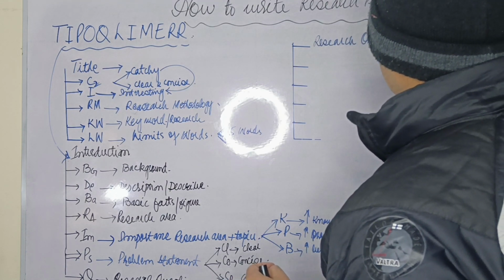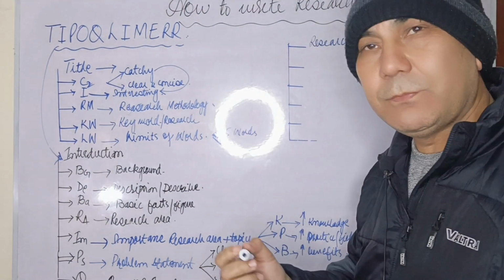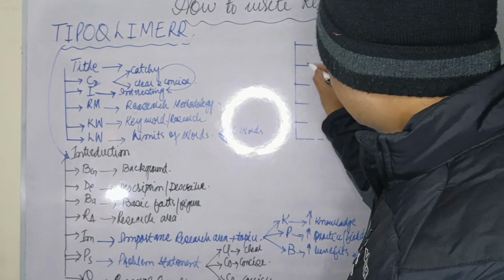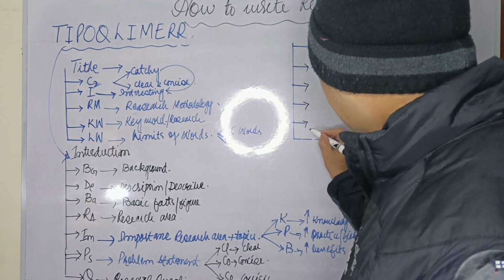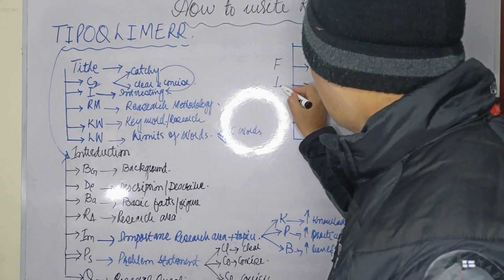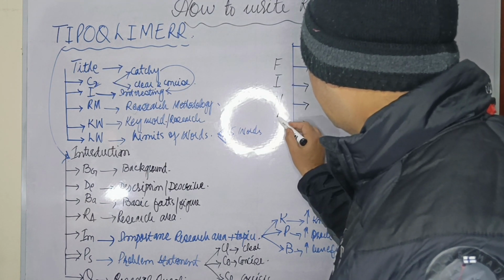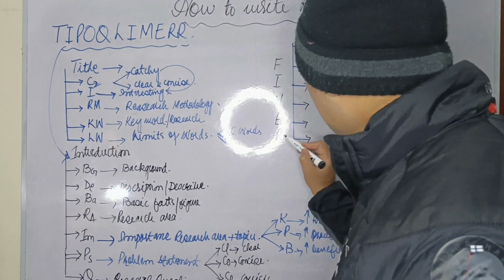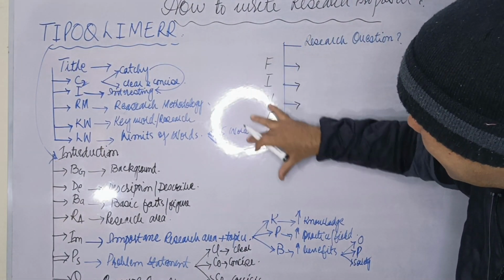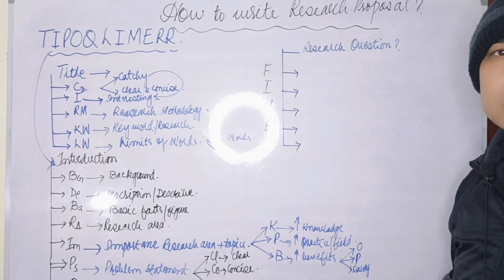Now, for the research question, how should it be? For the research question there is another mnemonic. It should be like that: FINER. Okay, keep in mind your research question should be like a finer.